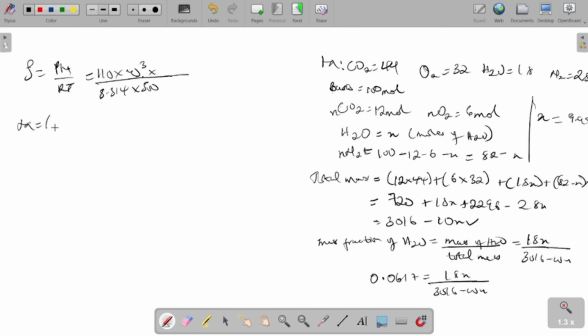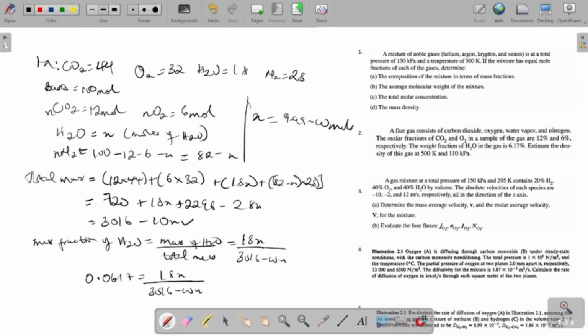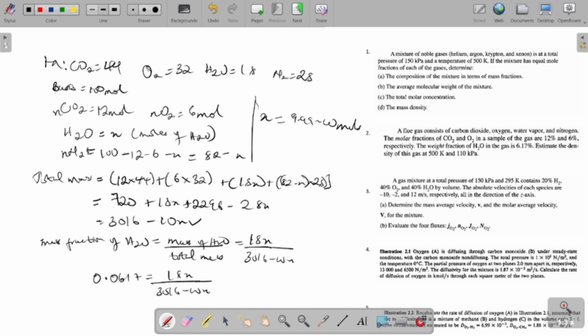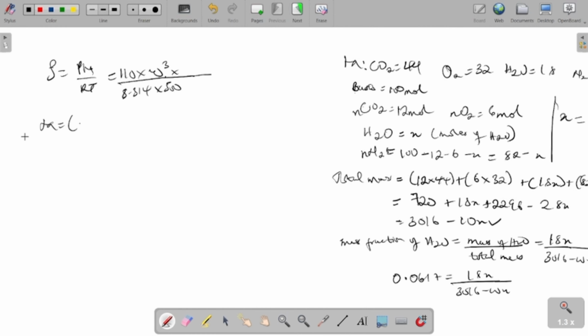So the average molecular weight becomes the mole fractions times the molecular weights. For carbon dioxide, it was given as 12%, so 0.12, and oxygen was 6%, so I'll have 0.12 times 44 plus 0.06 times 32, plus for water 0.1, because I got 10%, times 18.